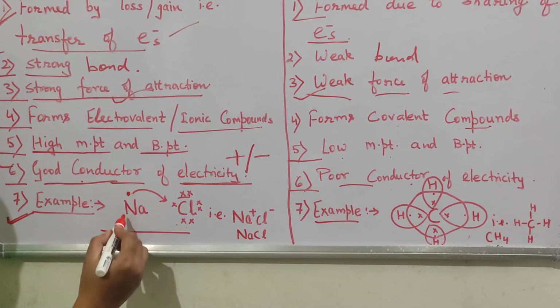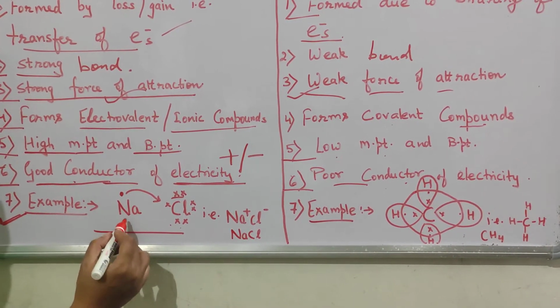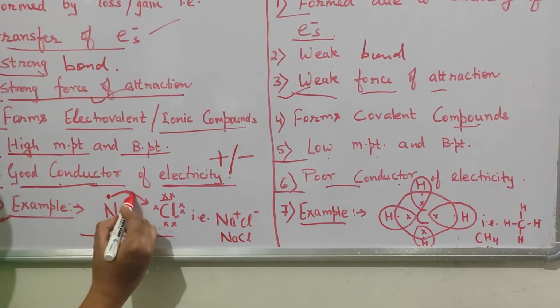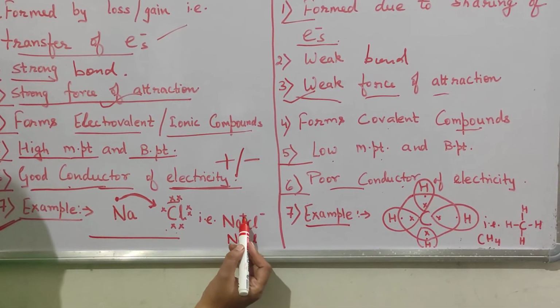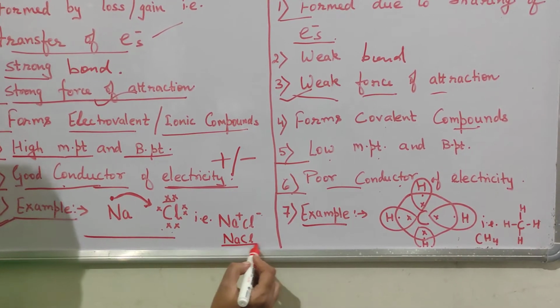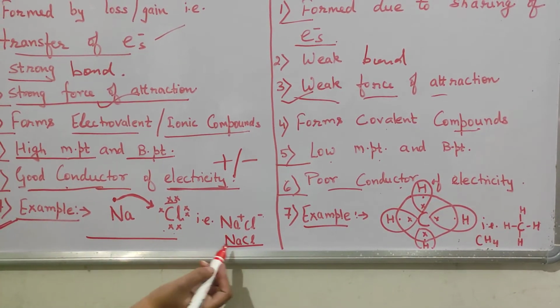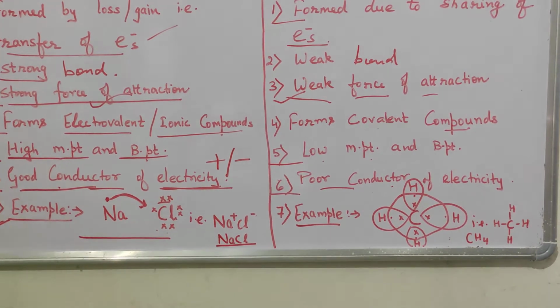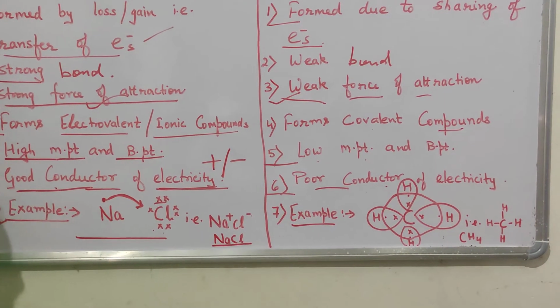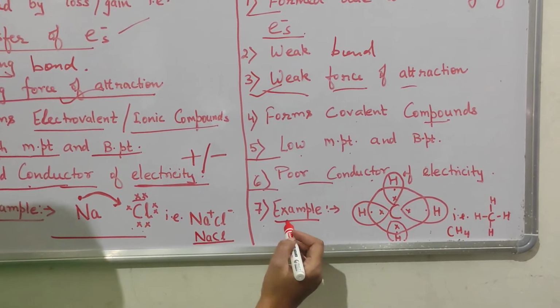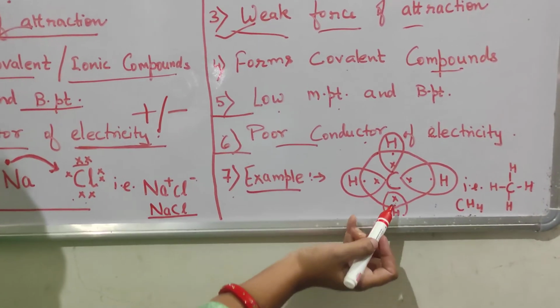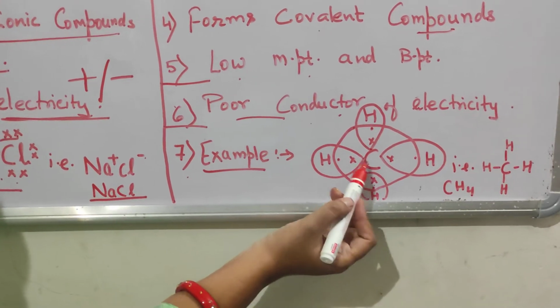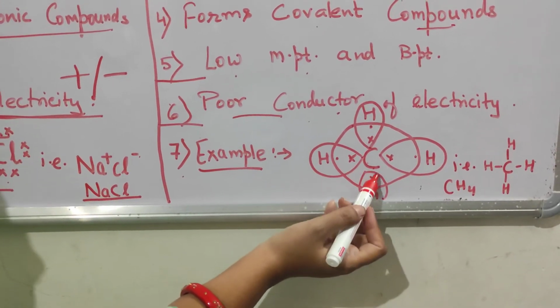Here dot also indicate electron for the sodium, and this one electron is transferred towards the chlorine. Thus it develops a charge of plus and minus, and at the end written as NaCl, which is a formula for sodium chloride. Example for covalent compound, as C, cross cross cross cross is indicated as the electron for carbon.